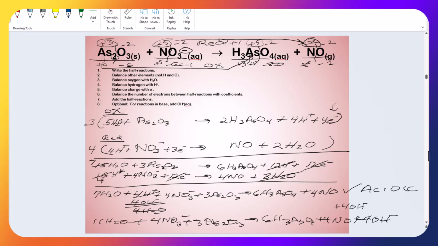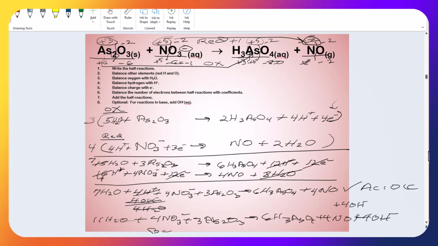And so we are still balanced, but now we're balanced under basic conditions.